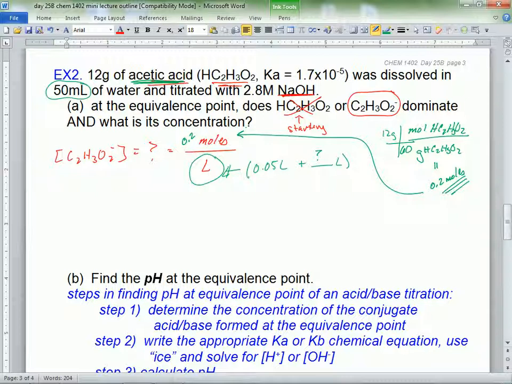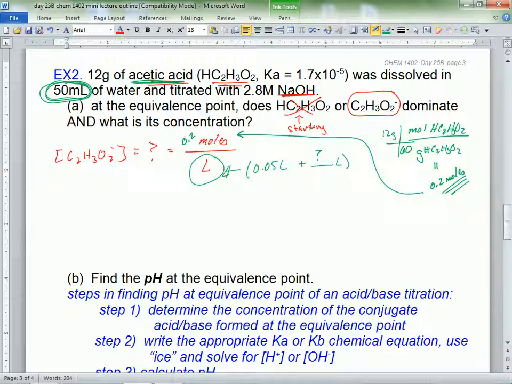How do we get this equivalence point? Because we have to add so much NaOH to get it all to react. Okay, this is where it gets confusing. She said she's starting here, 0.05 liters.